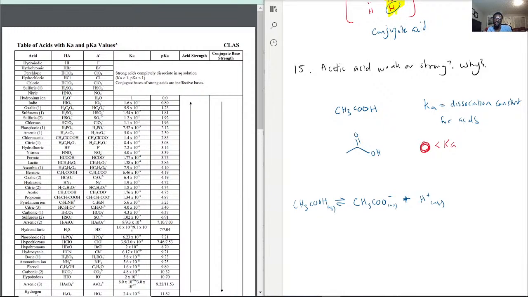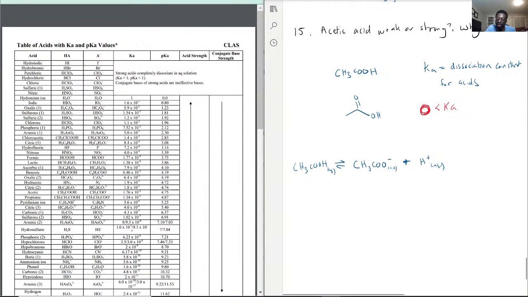But strong acids need a Ka to be greater than 1. Okay, anything with a Ka greater than 1 means they're strong acids. So you can probably guess a weak acid, and that just means that when you put it in water, it's going to separate completely.